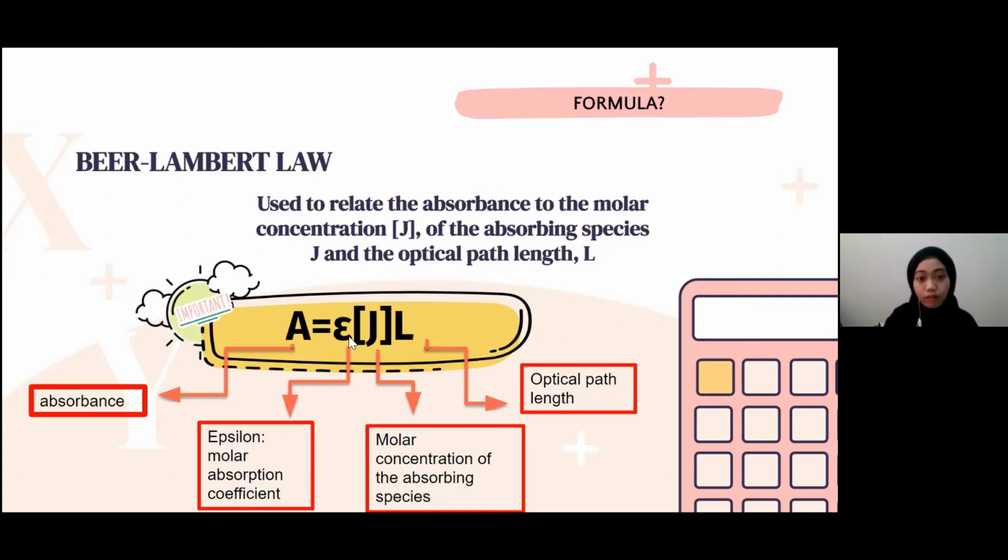So when the molar concentration is high, it means that there are more molecules in the sample to absorb the light. The optical path length will affect how many molecules the light encounters on its journey. So if the optical path length is higher, the tendency of light to meet with the molecules is also high.